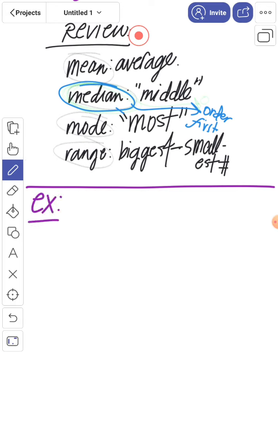Here's an example, I suggest writing this down: 6, 3, 1, 11, 15, 2, and 0.